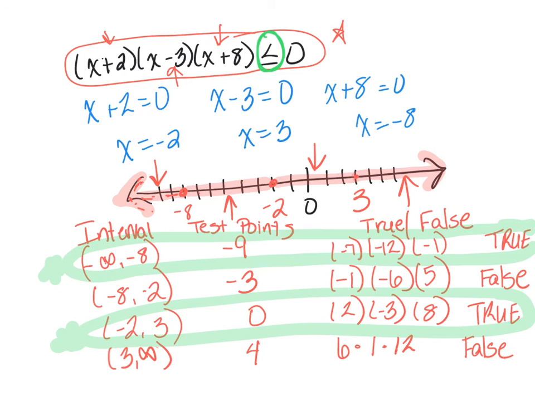Because of the or equal to, we're going to have a bracket here, here, and here. So my final answer is negative infinity to negative 8, union negative 2 to 3. That's my final answer. And if we go back and look at the graph, that is exactly what we got when we looked at the graph.